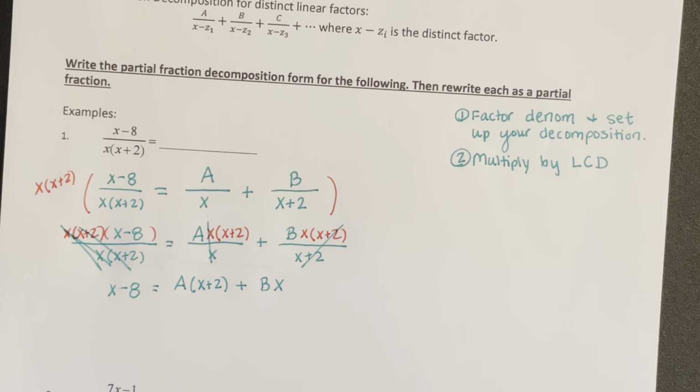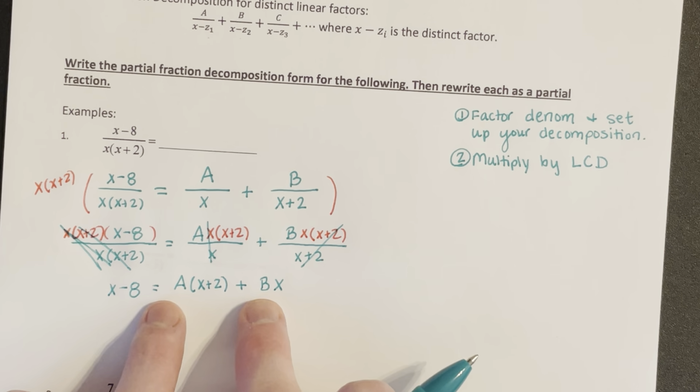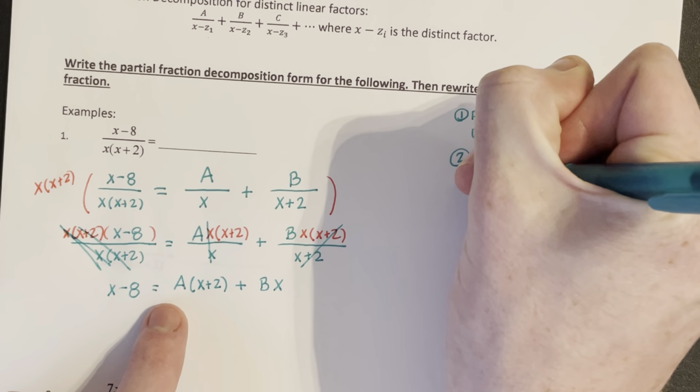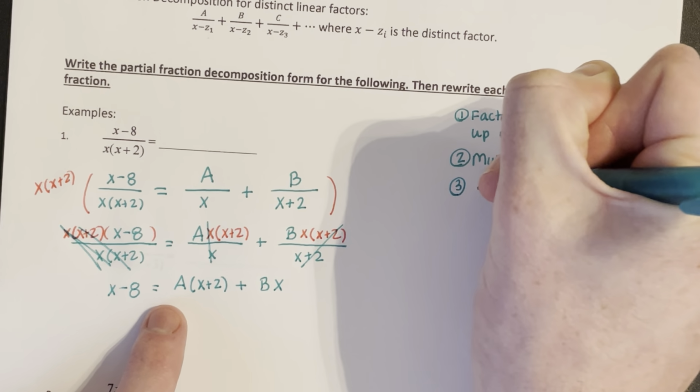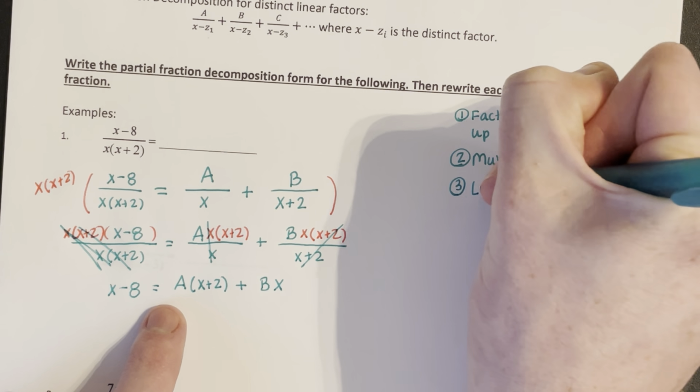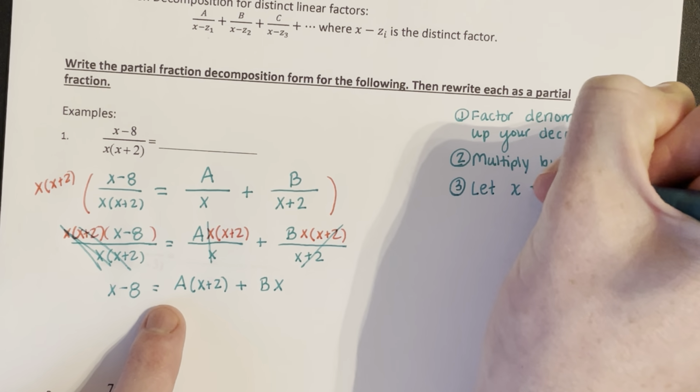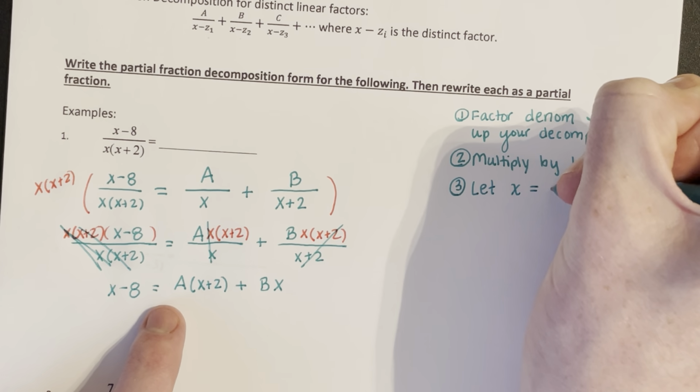There's no longer a fraction here, but we're trying to figure out what are the a value, a numerator, and the b numerator. So the third thing you're going to end up doing is let x equal your critical values.